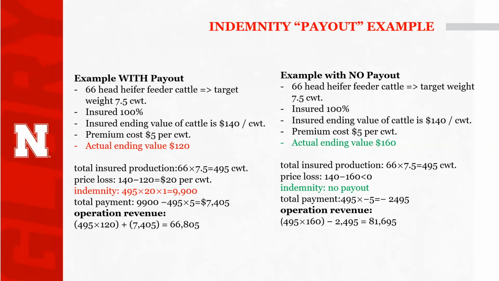And so we can think of LRP in a similar way. It's not exactly the same, but it's a similar concept: we don't necessarily want to receive an indemnity every year, because what that means is the markets are performing much worse than what we expected. And so if we're paying premiums, it's okay.